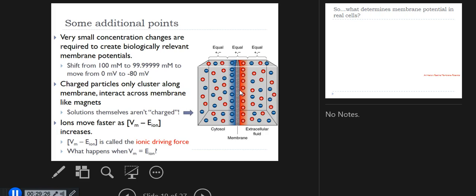So if I'm starting at 0 and the equilibrium potential of potassium is minus 80, lots of potassium ions are going to start streaming across this membrane. If I start at minus 79 millivolts, though, and the equilibrium potential of potassium is minus 80, I'm almost there. And so you won't get a whole lot of ions moving across at that point. Maybe a few initially, but not very many. So again, that difference between your current membrane potential and the equilibrium potential of an ion is called the ionic driving force. And we'll see that again later. That's why I'm bringing it up now.